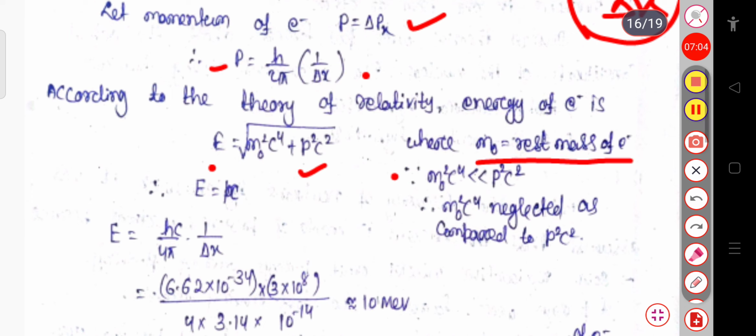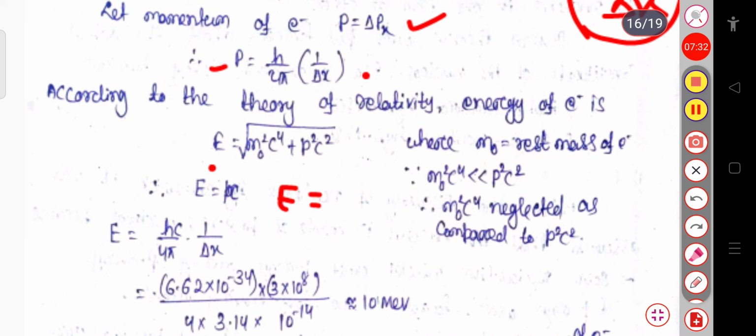And also we know that this m0 square c power 4 is very small compared to p square c square. So we can say that this m0 square c power 4 can be neglected. If I neglect this term, that tends to 0, then E will be equal to the square root of p square c square, or simply it can be written as E equal to p into c.